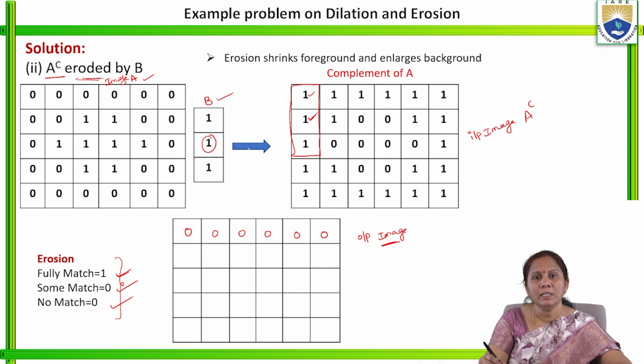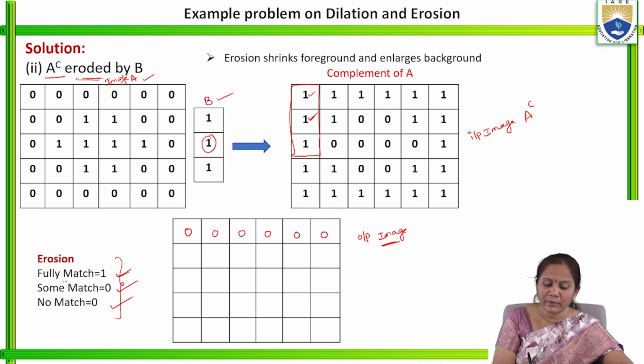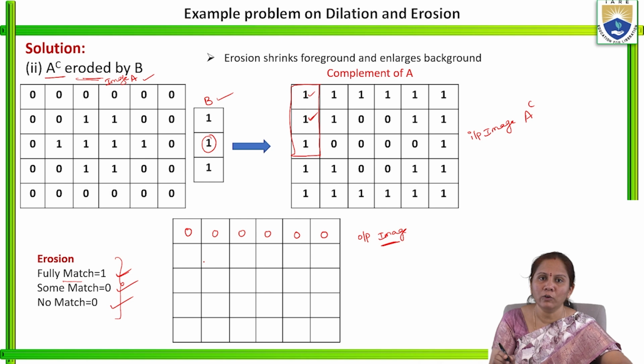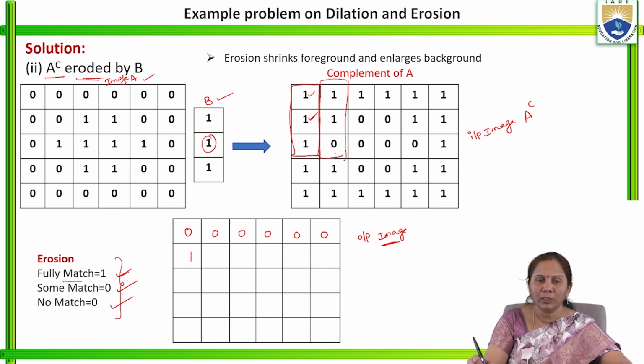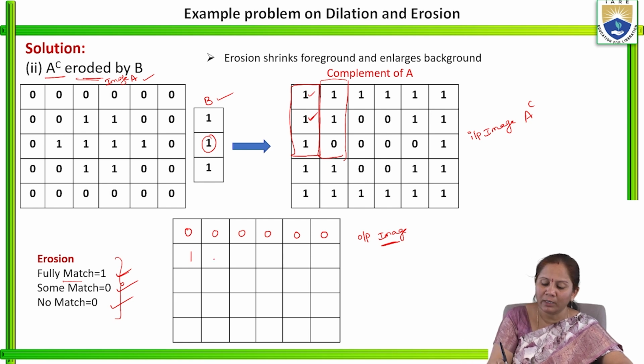It means it is fully matched. So according to the rules of erosion, if it is fully matched, we have to place that element as 1. And if you shift this structuring element, 1, 1, 0, this 0 is not matching with B. So it comes under some match only, and the element will be considered as 0.